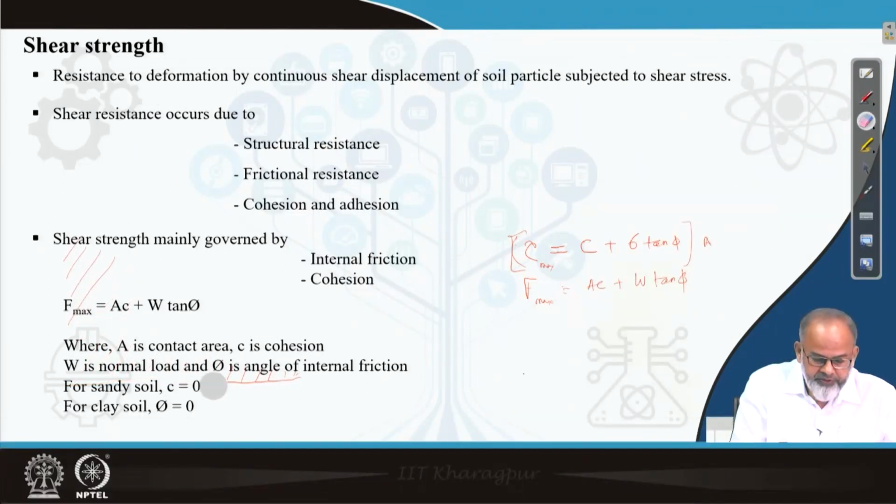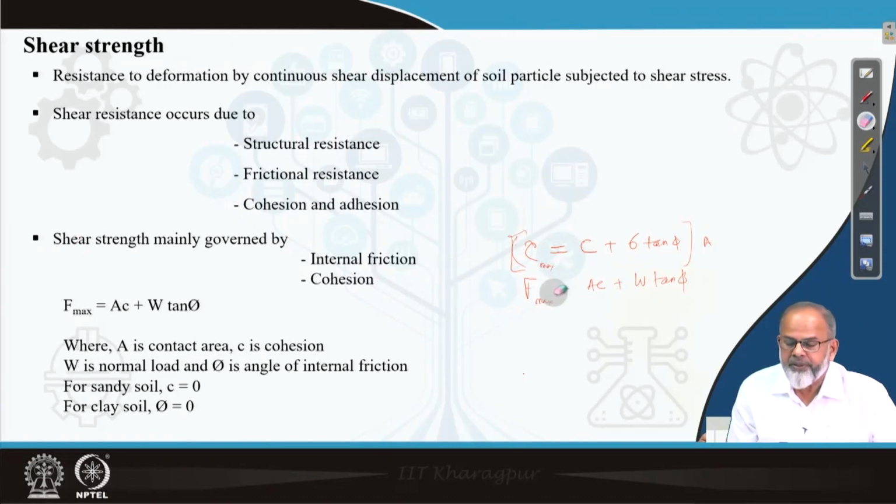If you look at Coulomb's equation, I have converted it to F max, the maximum thrust which is developed, equal to AC plus W tan phi.